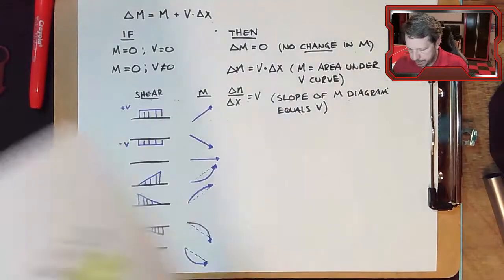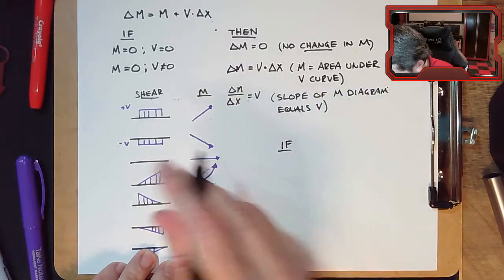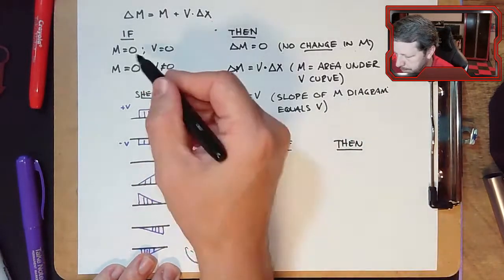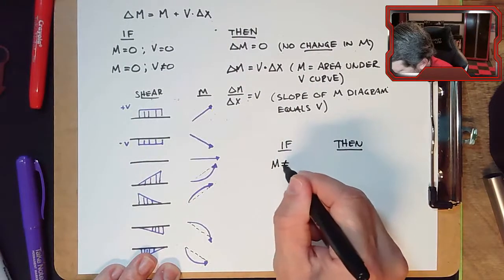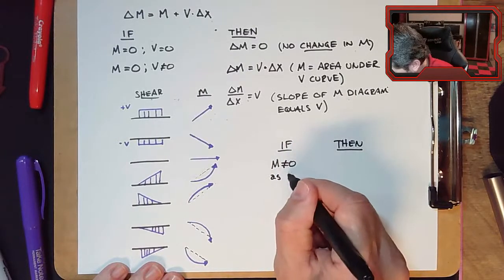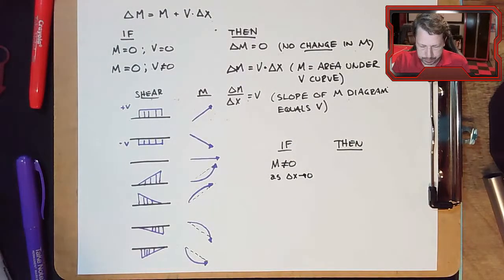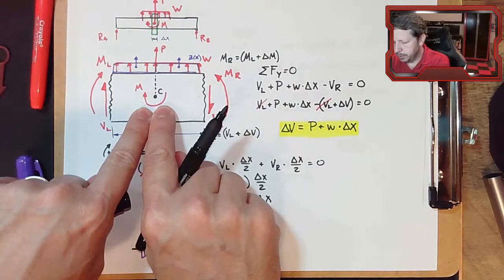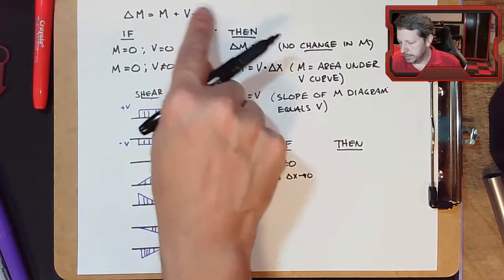One other thing could happen. I'll write it over here. One other rule I don't have room for in my column, so we'll make a new column. What if M does not equal 0? So if M does not equal 0, as delta x approaches 0, so as I narrow in to just the point where that concentrated moment exists, then I've essentially eliminated this term.